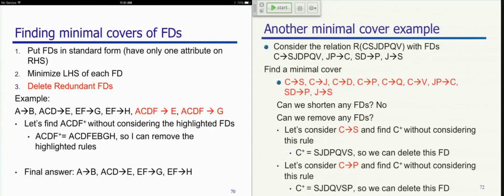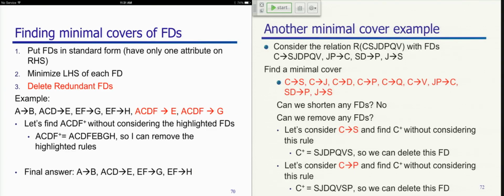Can I get rid of C determining P? If I remove that rule, then since I already know S and D, based on S and D I can still get P. So I can remove these two rules to get a minimal cover.